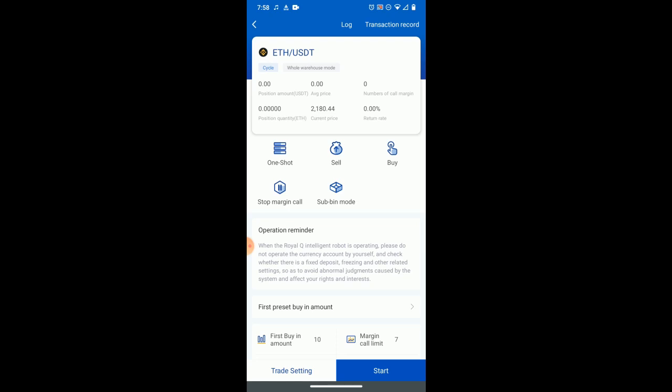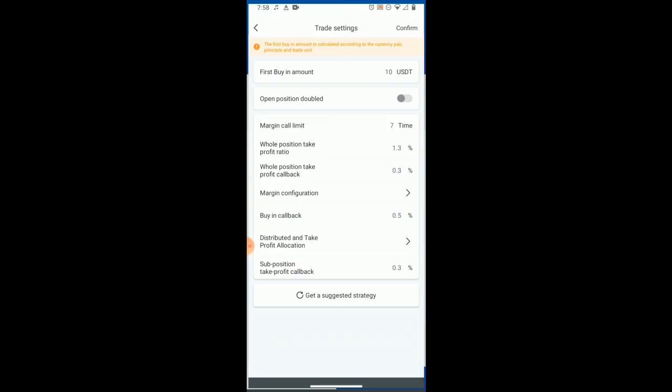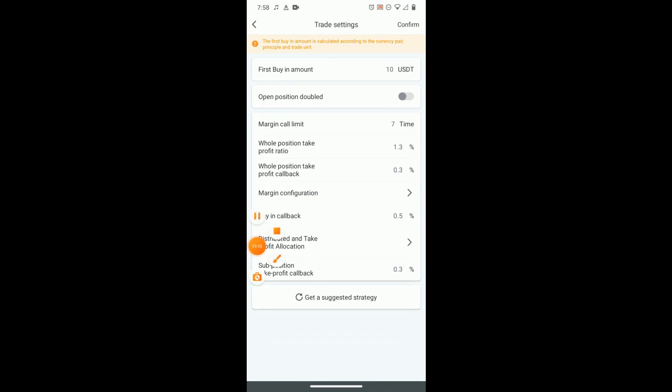Let me do that first. Click on trade setting. Now, this place is the amount you want the bot to start trading with. The minimum you can buy from Binance or from UOB is $10 US. The minimum transaction you can do on the market is $10 US.